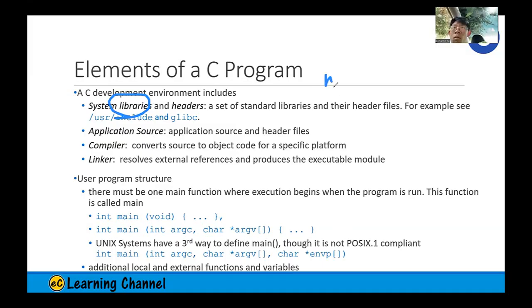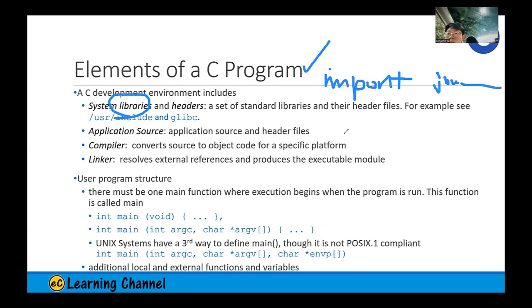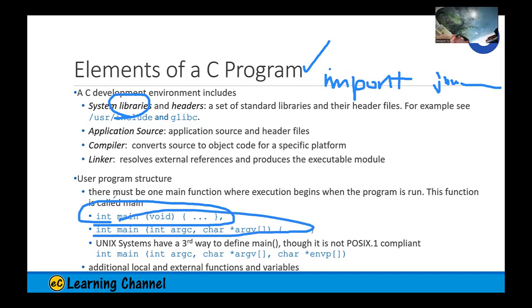It's similar to Java, where you have import java.util.Scanner, those kinds of things. But right here, we do have a library you need to include. And then the program starts with int main.